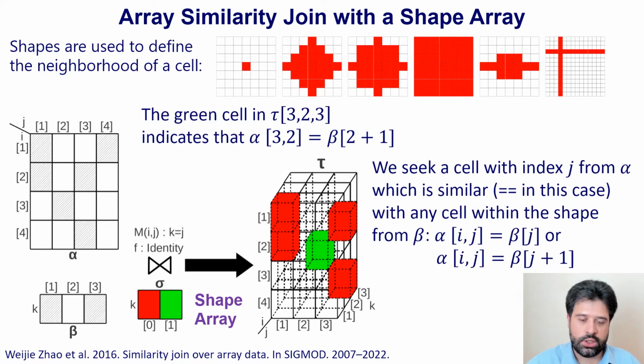Array similarity join with a shape array generalizes the previous similarity joins. As input, it takes a shape, a comparison function, for example, an identity, and two multidimensional arrays. On the slide, the shape array is a one-dimensional array with two cells.